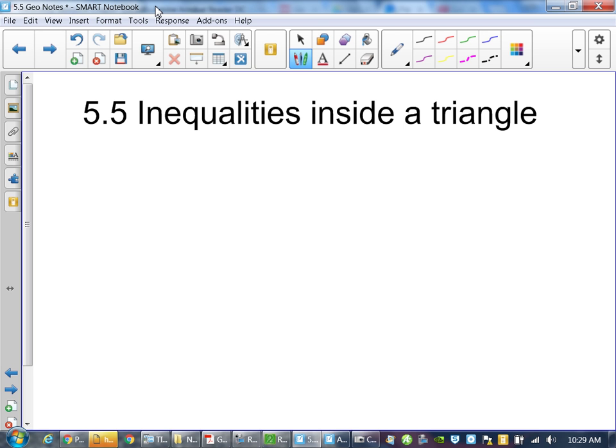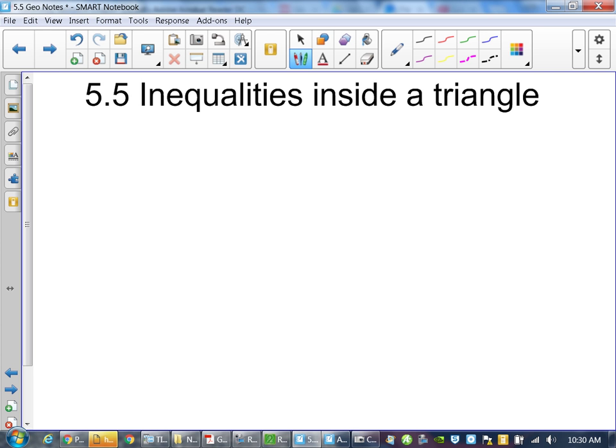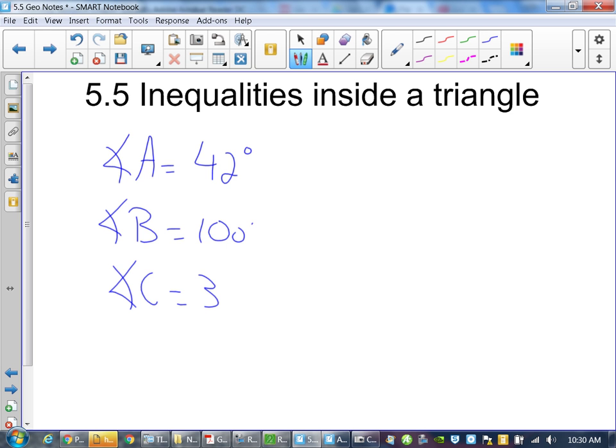So, you guys have actually done this before. You've done a little bit of this before. For example, if I say that I have angle A is 42 degrees, angle B is 100, and angle C is 38 degrees. Which one of those angles is the largest?